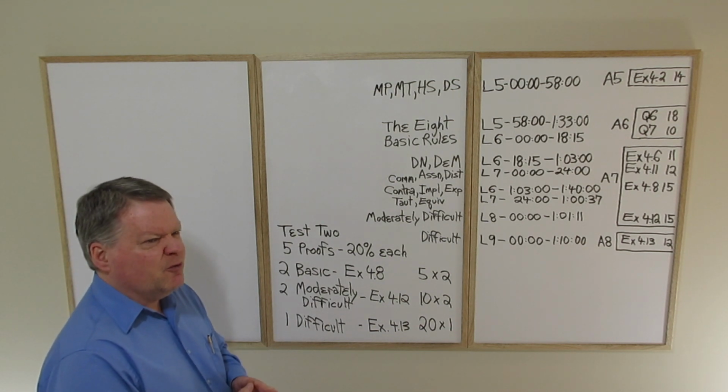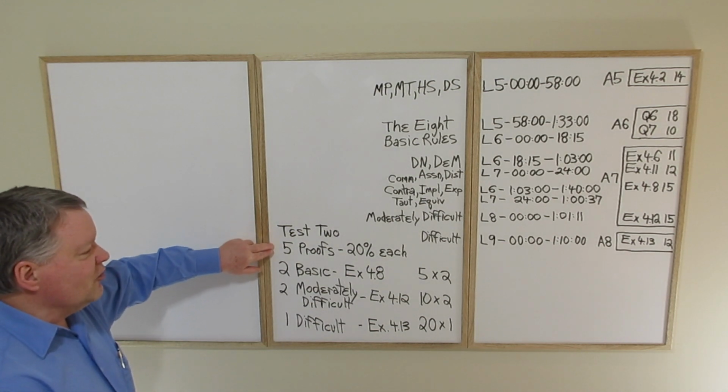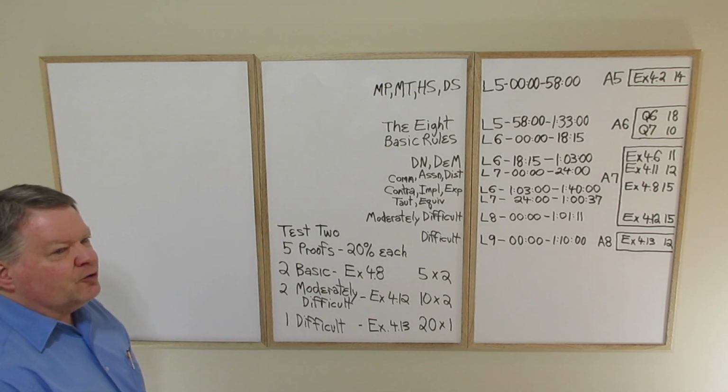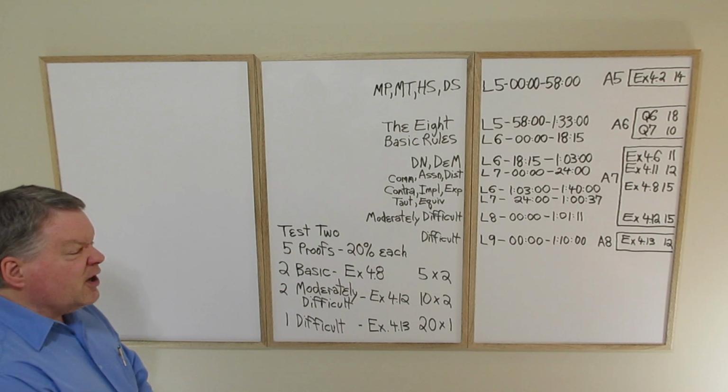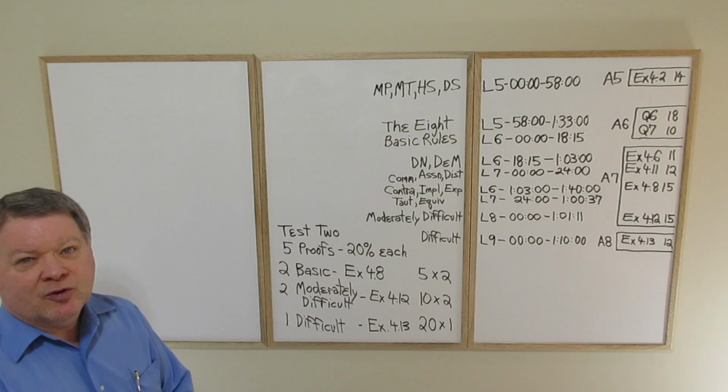I've told you this before, but just to review, Test 2 is going to consist of 5 proof construction questions. They're going to be questions just like the ones in the exercises.